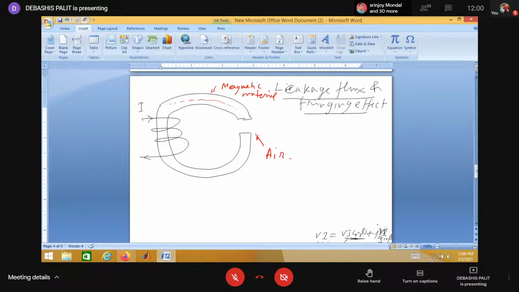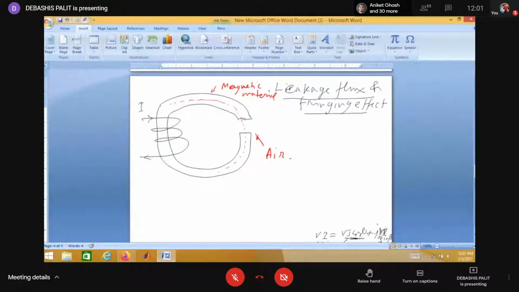So when flux is traveling, some flux must be flowing through this path, and some flux must also be leaking here. Some amount of flux is leaked here, and some amount of flux flows through the magnetic material.